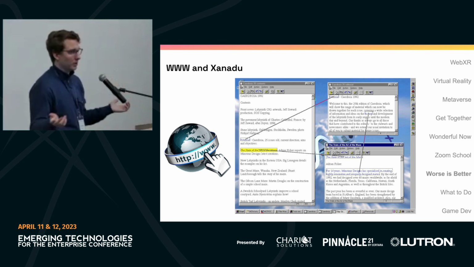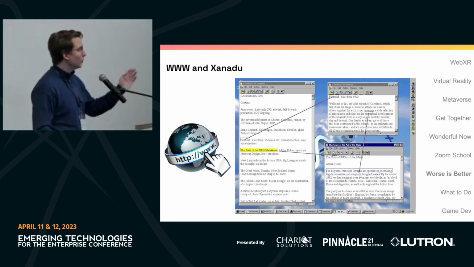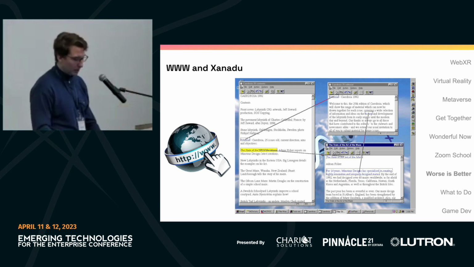We need a way to share this across all the computers in Europe and associated with CERN's research institutions. So let's invent a system where I can put a document somewhere at a unique URL, at a unique identifier. I can get the document back. I can update the document, I can delete the document, and that's HTTP.